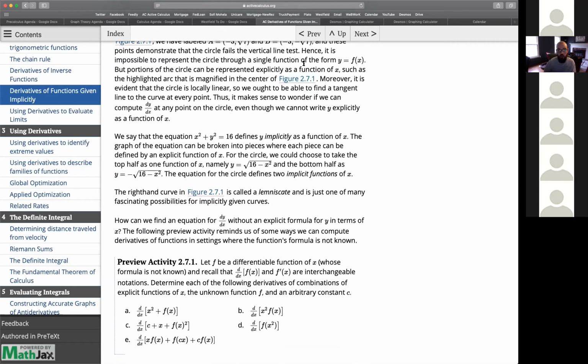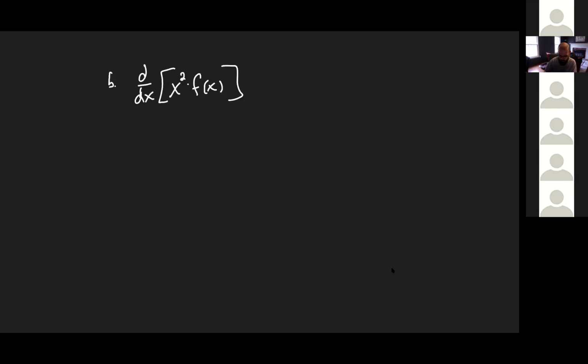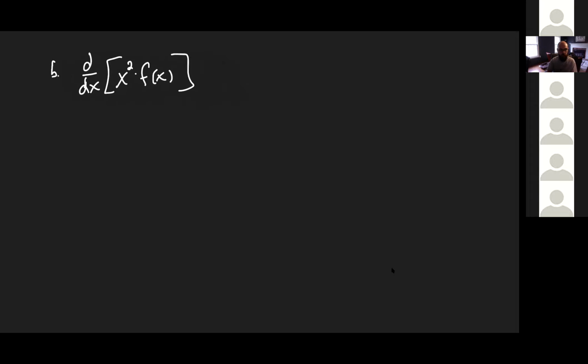Okay, so let me jump back over. Okay, so we have this term, and we said, hey, I want to find the derivative of this thing, x squared times f of x. So the structure that we have to look at is we have a product, right?